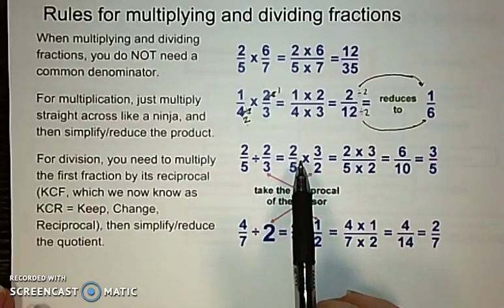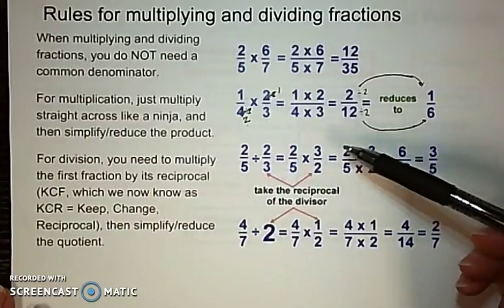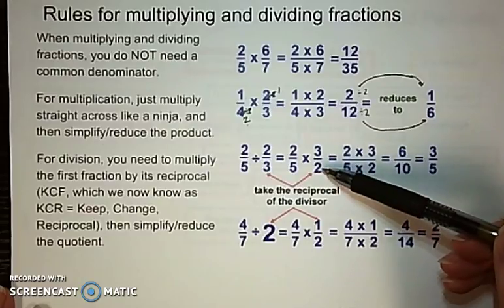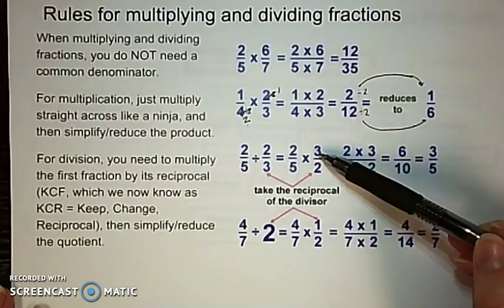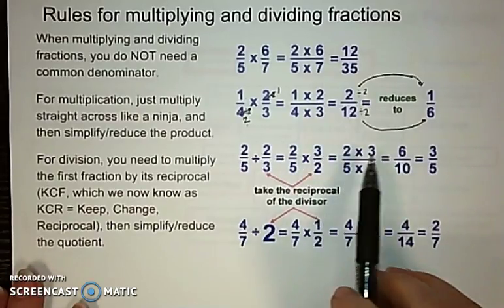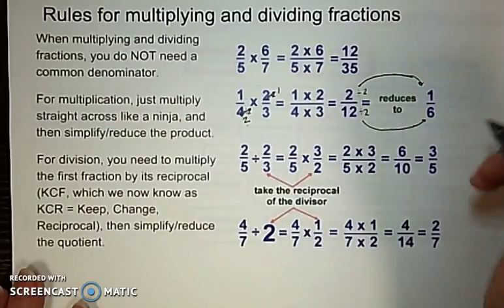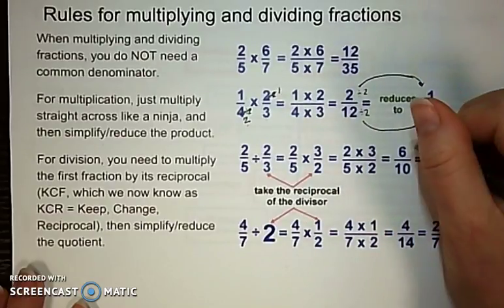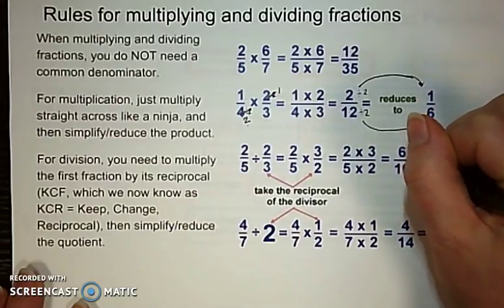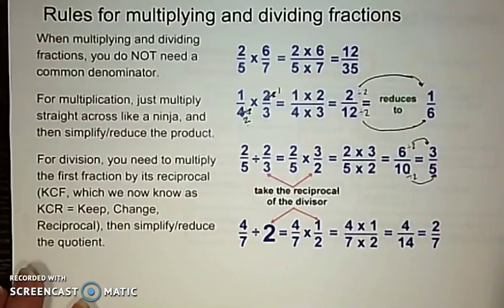My division is changing into multiplication, and I'm going to take the reciprocal, which is the flip or inverse, of 2/3, which is 3/2. And I'm going to multiply across, and then I'm going to reduce. So 2 times 3 is 6, 5 times 2 is 10, and then I'm going to divide again by 2 on both the top and the bottom to reduce. And there are different numbers that you can divide by. It doesn't necessarily have to be 2.